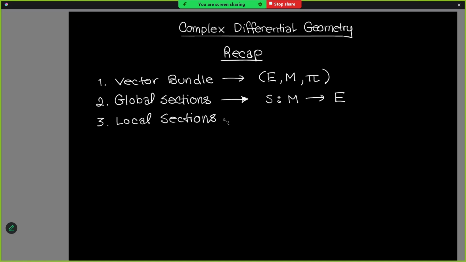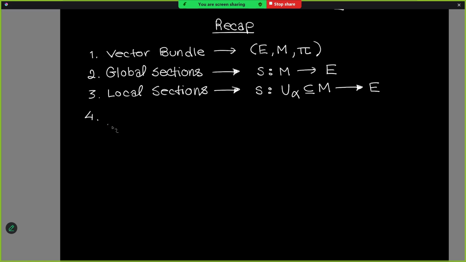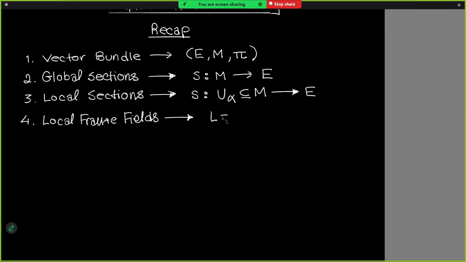These were the same maps, but we restricted them to an open set U alpha, a subset of M. So we took a set of these local sections, and then we constructed these things called local frame fields, which were the sets L equal to a set S alpha, where alpha goes from 1 to Q.